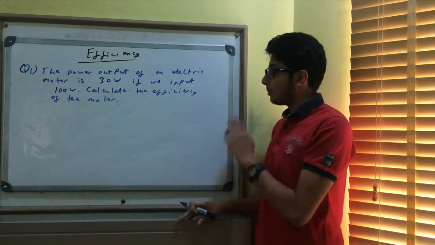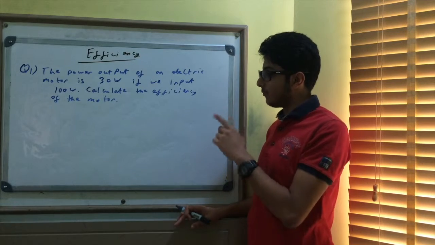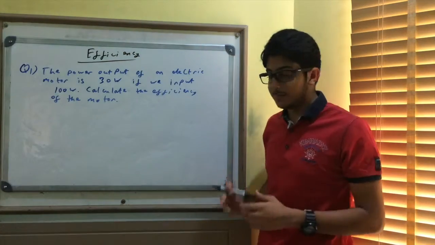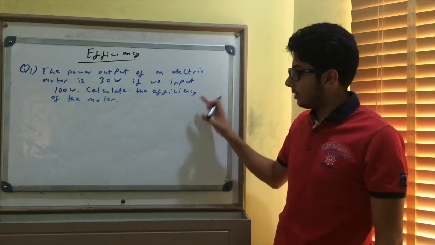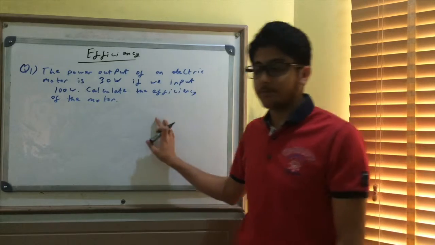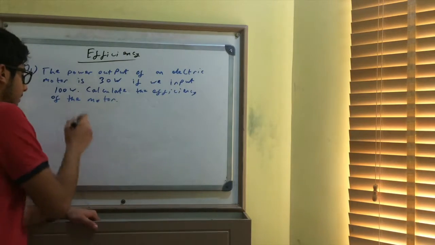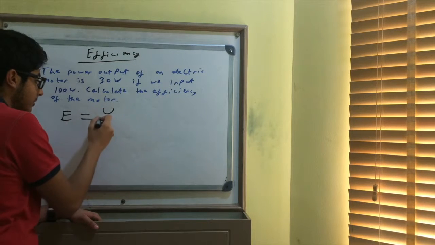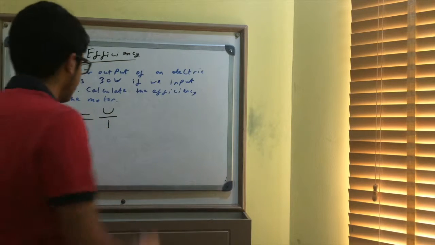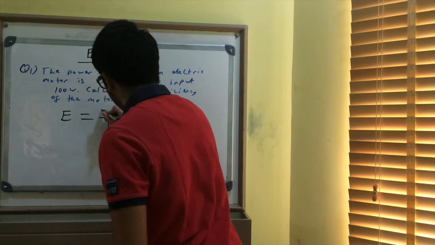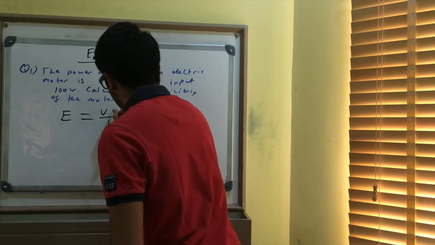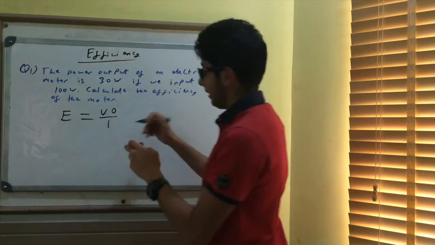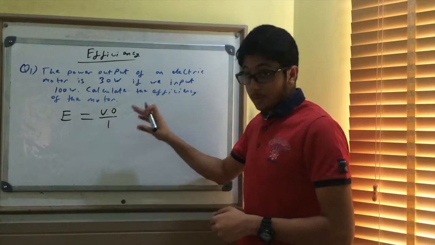Okay, the power output of an electric motor is 30 watts if we put in 100 watts of power. Calculate the energy efficiency of the motor. So, efficiency is useful power out over total power put in.